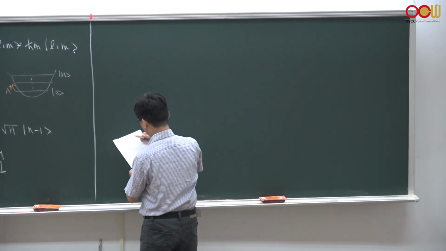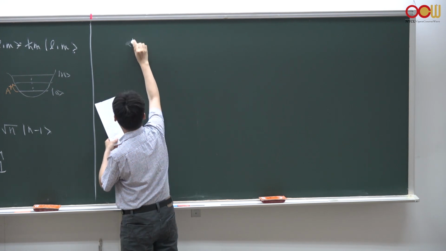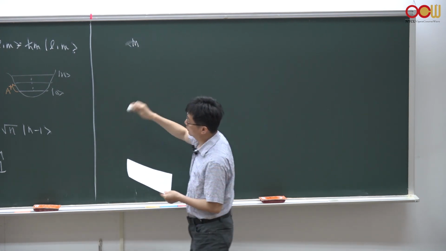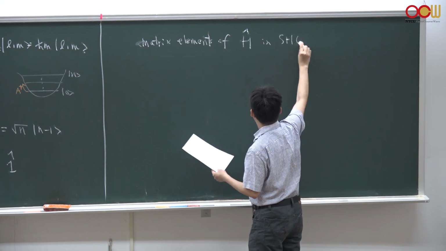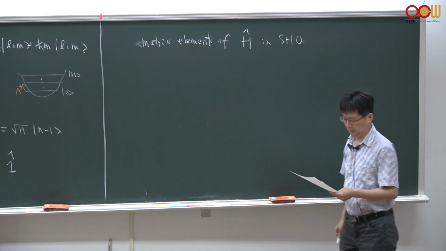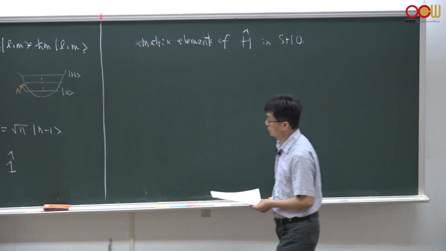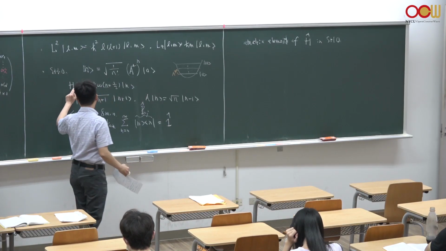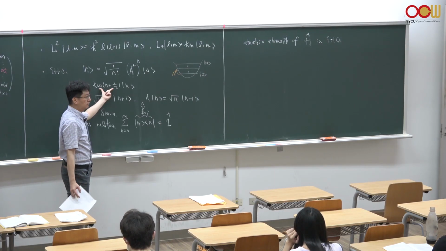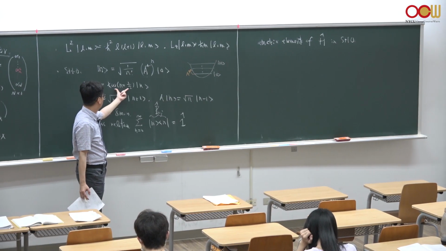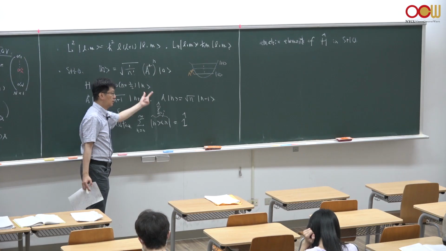To construct this matrix element of this harmonic oscillator operator, let's try to construct this Hamiltonian matrix. Okay, so H, as I mentioned, when H acts on this eigenstate n, this gives you this eigenvalue h bar omega times n plus 1/2 times the eigenstate itself.